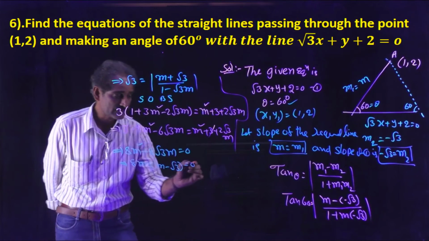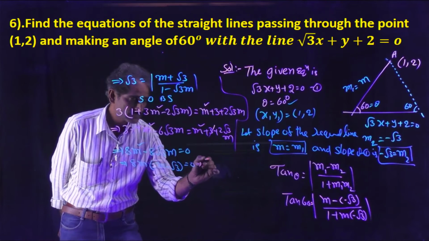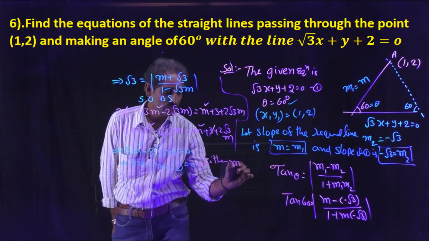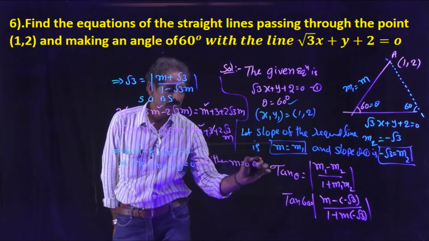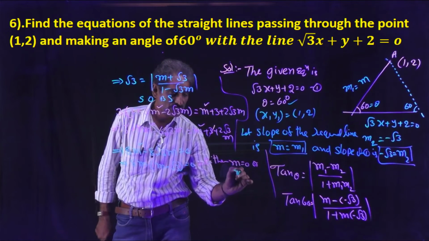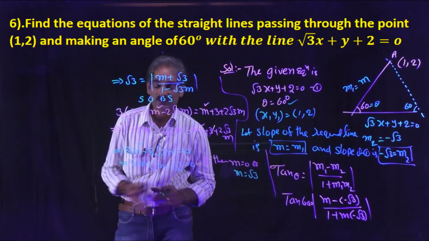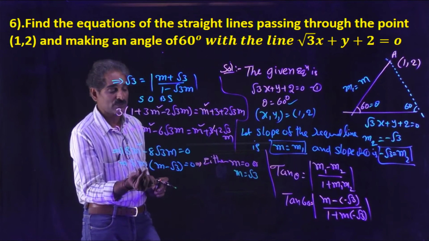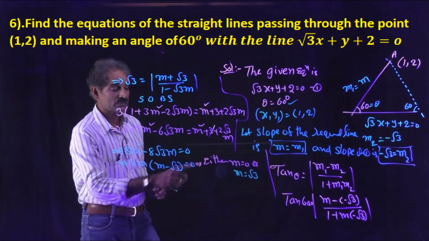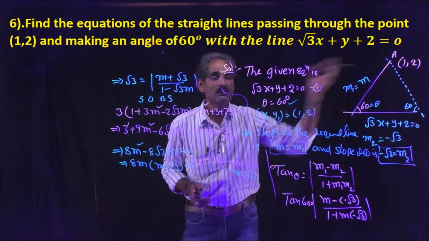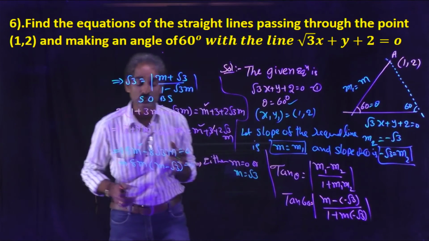So either m equal to 0 or m equal to root 3. Understand? xy equal to 0 means either x equals 0 or y equals 0. With the help of these two slopes and the point (1, 2), we will get two equations.